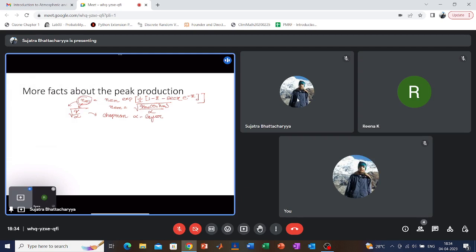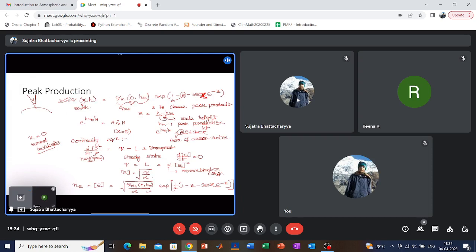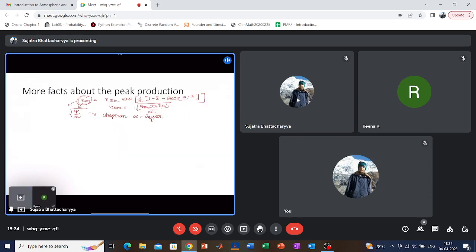Also from this equation, if we take the ratio, Q divided by Qm0 is just exponential of 1 minus zeta minus sec chi e to the power minus zeta. These are the things which we can derive from the peak production equation which we have got.